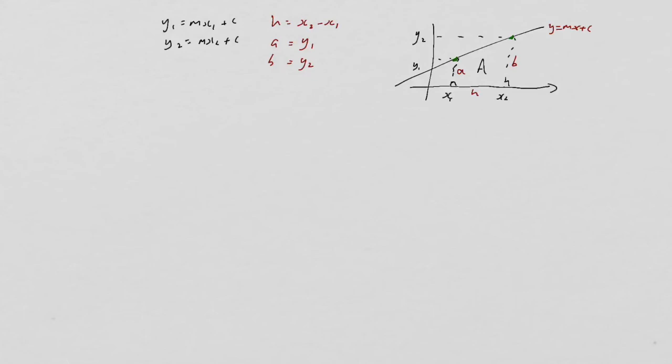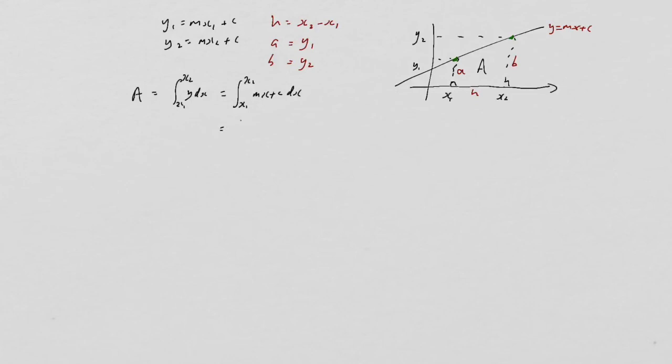So now we can have a look at our integral. So the area of the trapezium, call it A as we have on the diagram, is the integral between x1 and x2 for the function y, and that is the same as saying the integral from x1 to x2 of mx plus c dx.